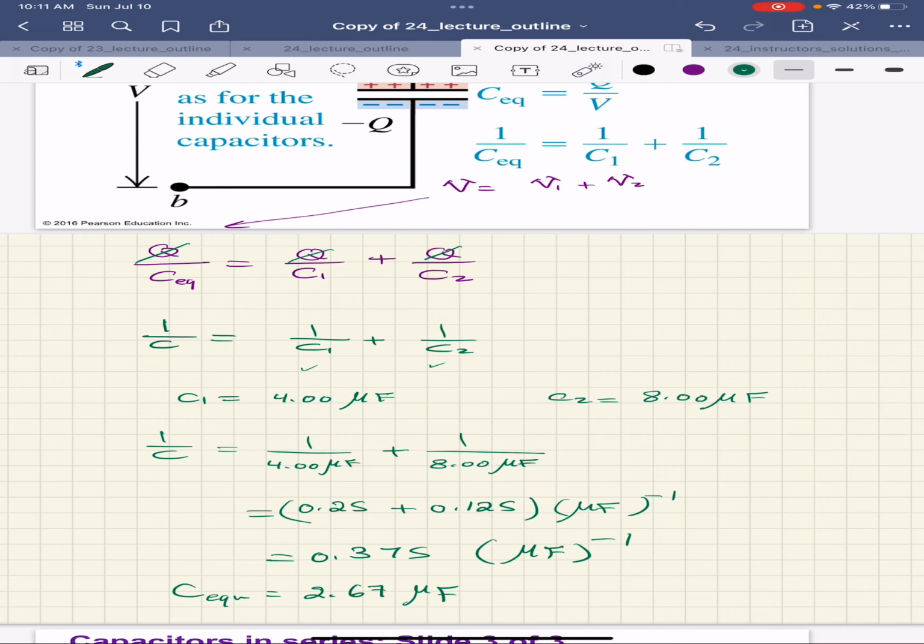Actually, here also what I can do, just to verify, is 2 over 8 plus 1 over 8, and that is going to be 3 over 8. Then my C equivalent is going to be 8 over 3. And if I divide, because I have easy fractions here, then it is 2.67.